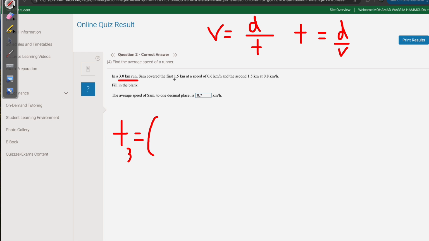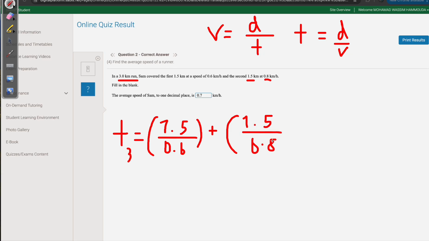So the time for the 3-kilometer run: the first distance is 1.5 over the speed, which is 0.6, plus 1.5 over 0.8. This is to find the time.